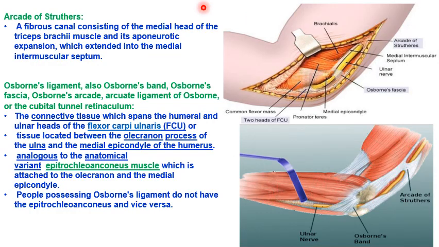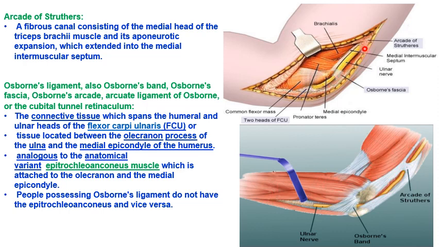Something nice to know at the elbow region concerning the ulnar nerve is the arcade of Struthers. Here you can clearly see the ulnar nerve in the posterior compartment of the arm, between the medial intermuscular septum and the medial head of the triceps, resting over the medial head of the triceps.